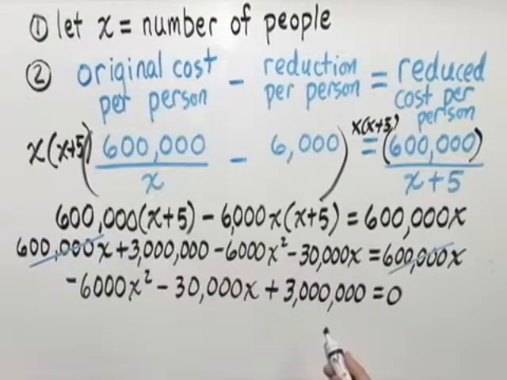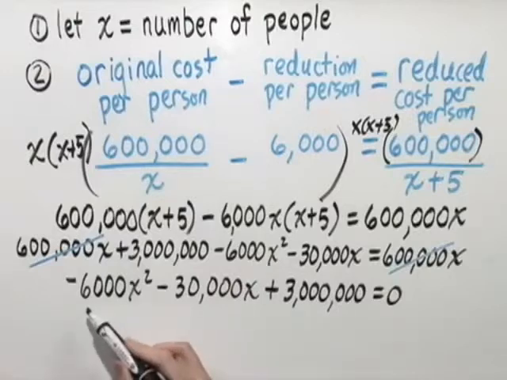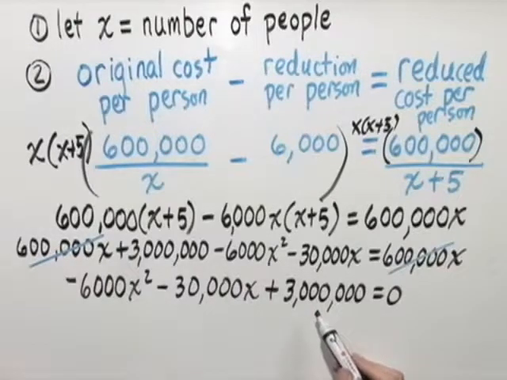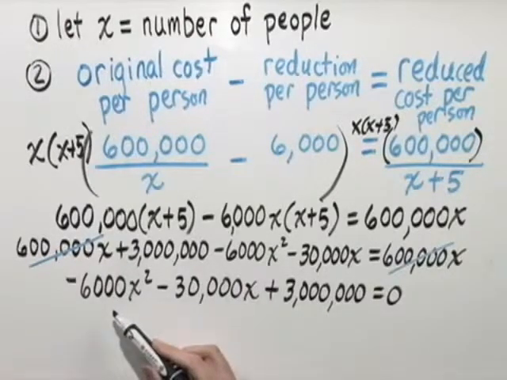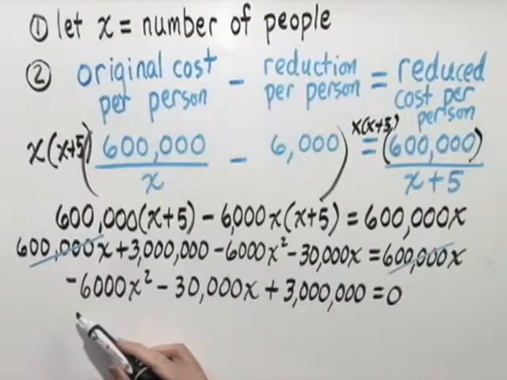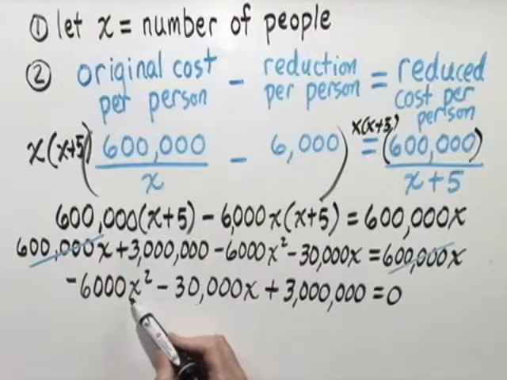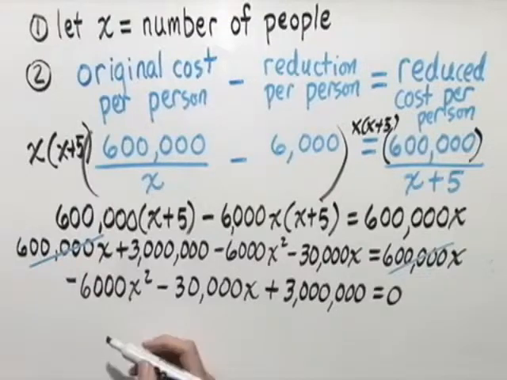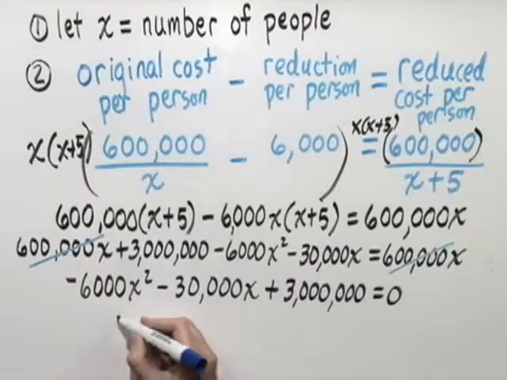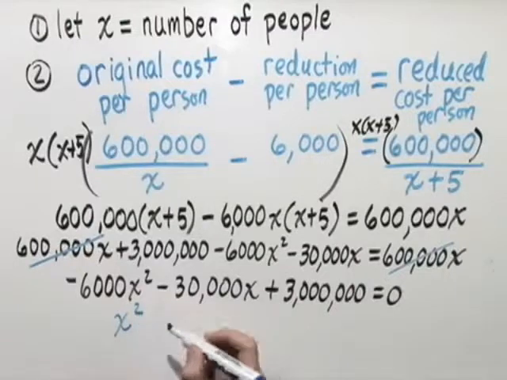These numbers are a little bit large to factor, so one thing we can do is notice that each term is divisible by 6,000, and I'm actually going to divide each term on both sides by negative 6,000 so that my X squared will have a positive 1 coefficient. So when I divide each term on both sides through by negative 6,000, I'll end up with X squared.